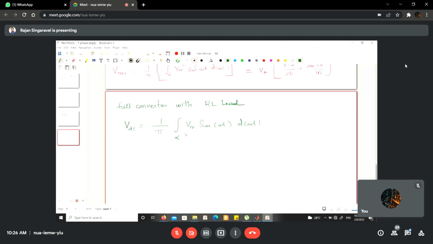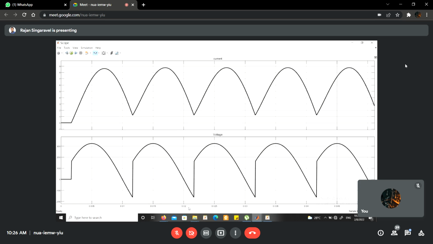For the previous condition, there was a discontinuity in the voltage, right? There is a small negative part, and after that negative part, the voltage becomes zero, and at the next alpha instant, the voltage will appear, right? Beyond omega t equal to pi, how long the voltage is available, that instant is called the extinction angle beta.